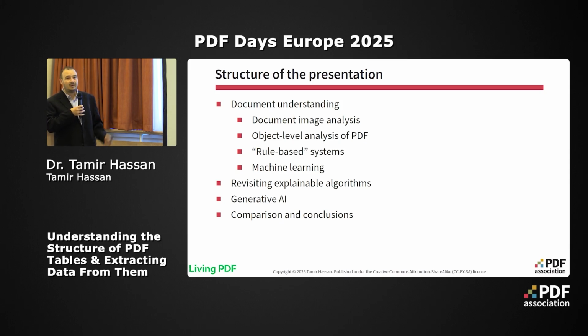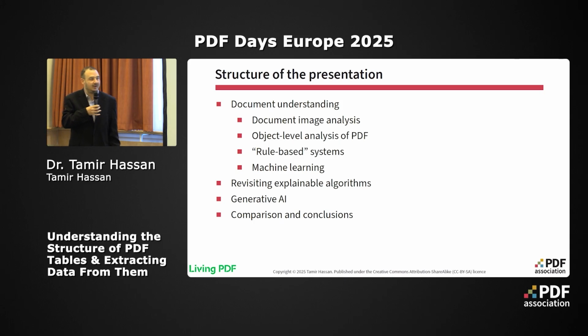And I'll go through how more basic, and not quite so basic, rule-based systems work, and also summarize machine learning approaches. Then machine learning approaches, as I'm sure many of you are aware, are quite difficult to actually figure out: how they work and what actually goes on inside this black box. And this is why I'm proposing, and I think there's been a rejuvenation in explainable algorithms, as I've heard.